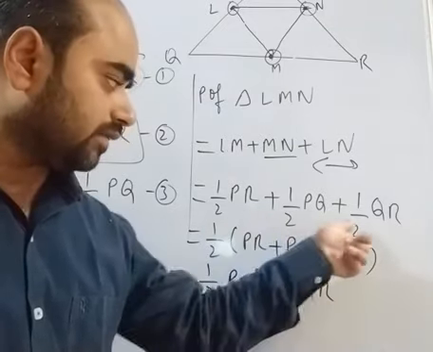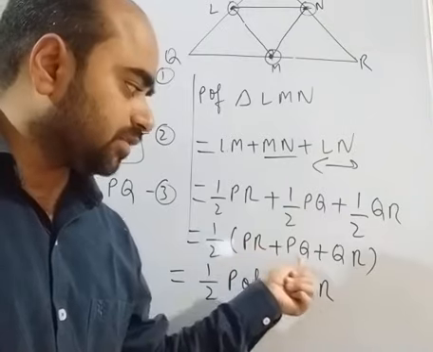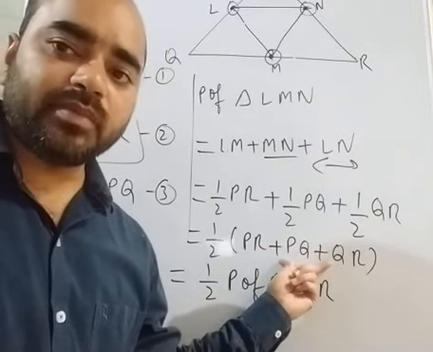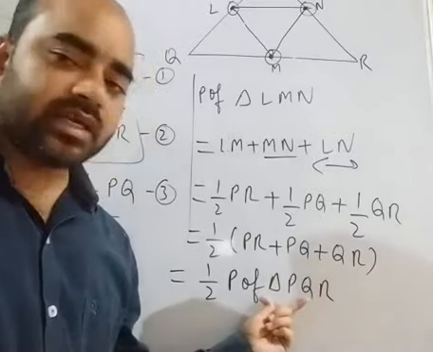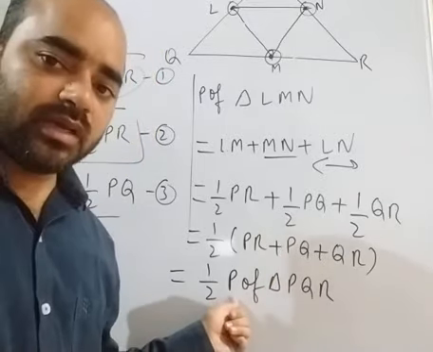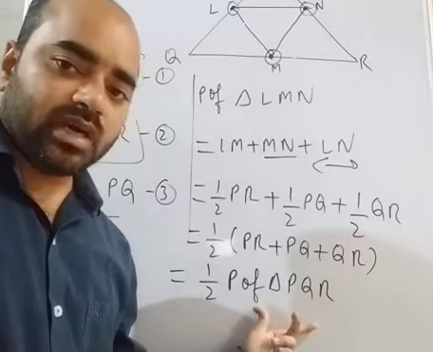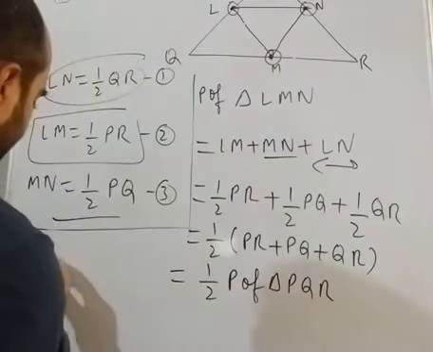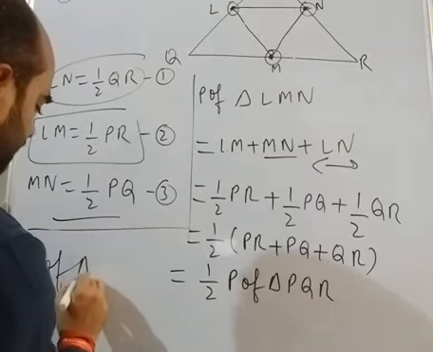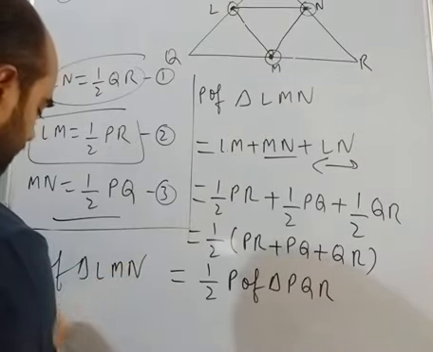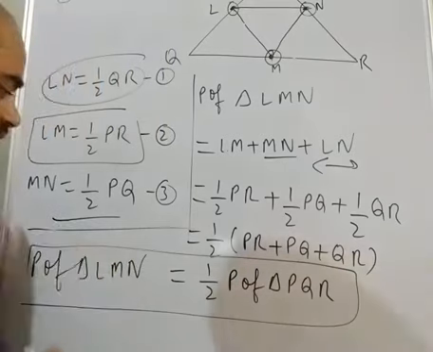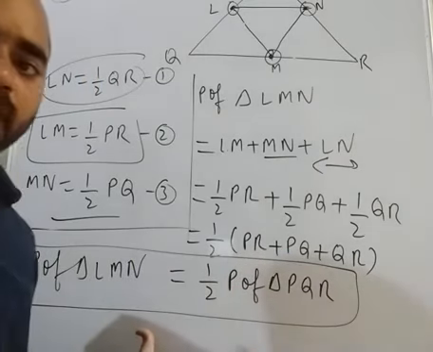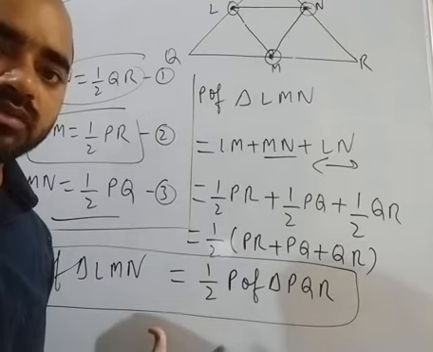Here half is common. What is left? PR plus PQ plus QR, the sum of all the sides of triangle PQR. This can be regarded as P, where P means perimeter of triangle PQR. It means we have proved that the perimeter of triangle LMN is equal to half the perimeter of triangle PQR. Correct? Proved? Understood?